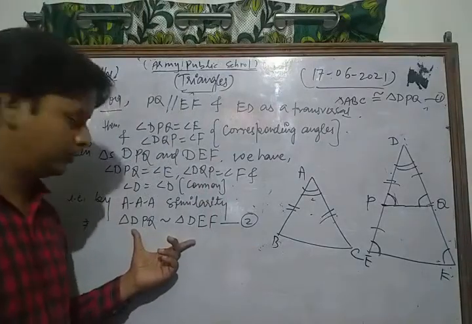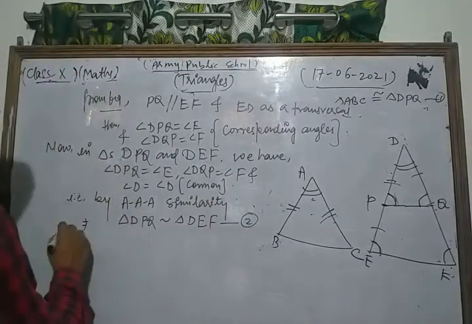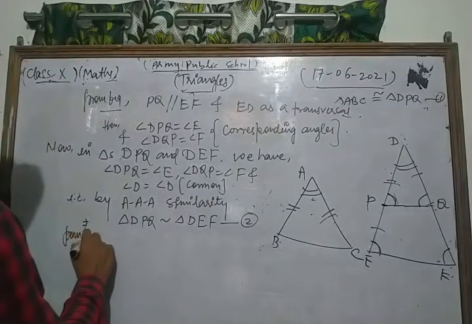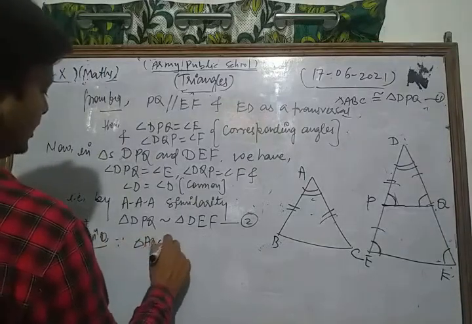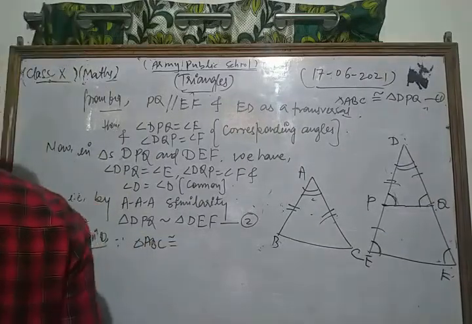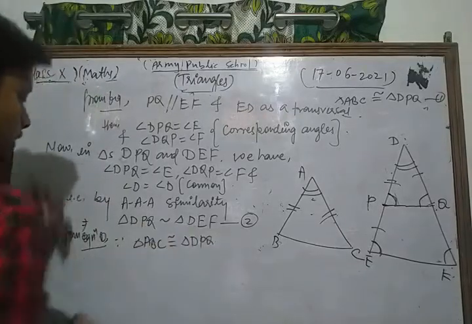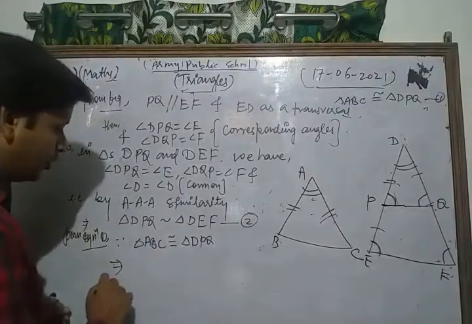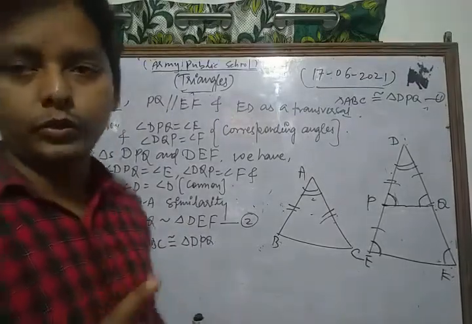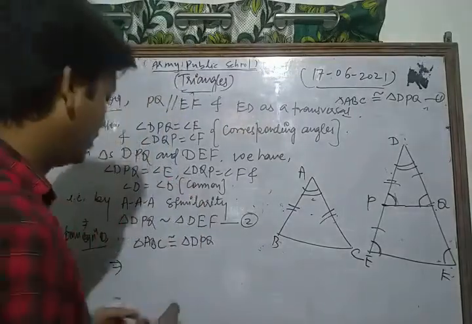Okay, now look, we simply have to show similarity. Now from equation 1, since triangle ABC is congruent to triangle DPQ, if two triangles are congruent to each other, then they must be similar to each other also.